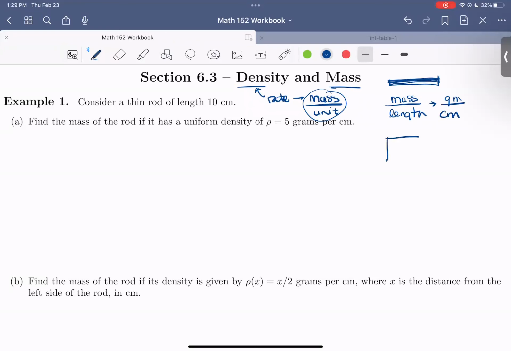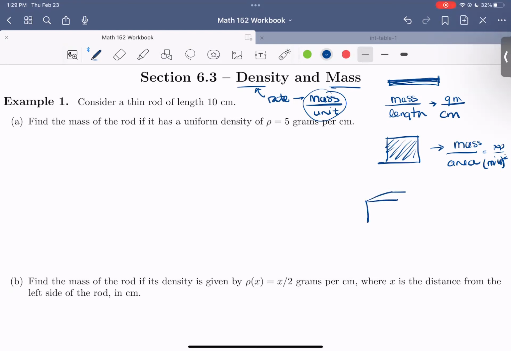If our object is two-dimensional, like a surface, then the density is a mass over an area. So maybe population, or people per square meter or square mile. You've probably seen this in the population density of a town.